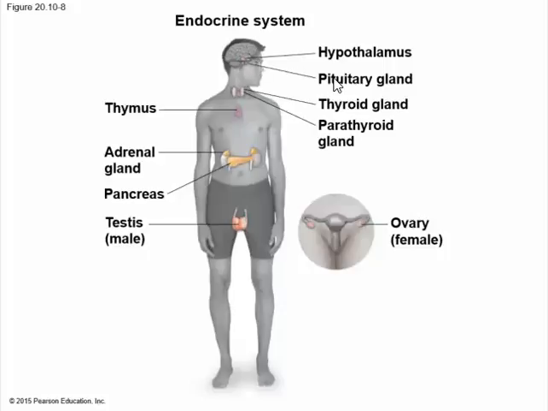Pituitary gland is part of the brain, but it's part of two systems: thyroid gland, parathyroid glands, thymus, adrenal glands, pancreas. The pancreas, by the way, is also a digestive organ as well as an endocrine organ. The testes, ovaries, are part of the endocrine system, but also part of the reproductive system. So you can see sometimes these organs or glands are part of more than one body system.